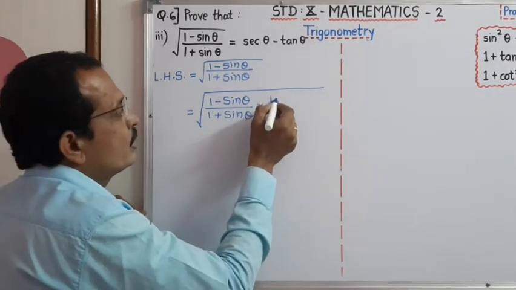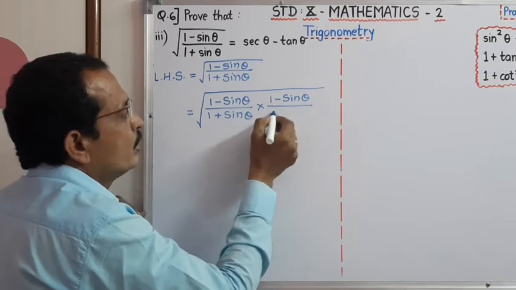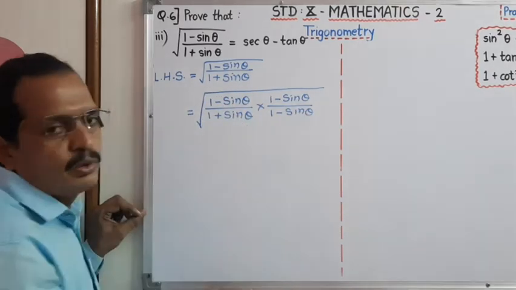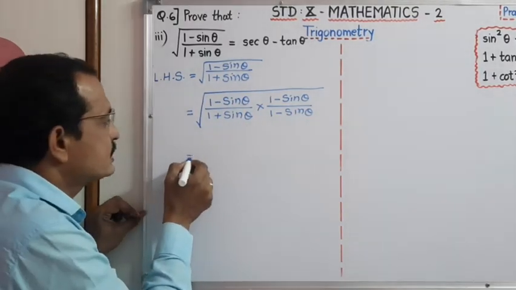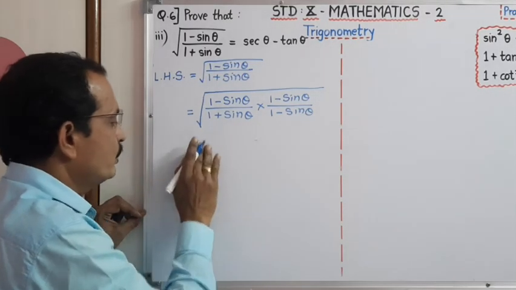Therefore, we write here 1 minus sin theta upon 1 minus sin theta. Got it? Now, dear student, this is rationalization of the denominator.